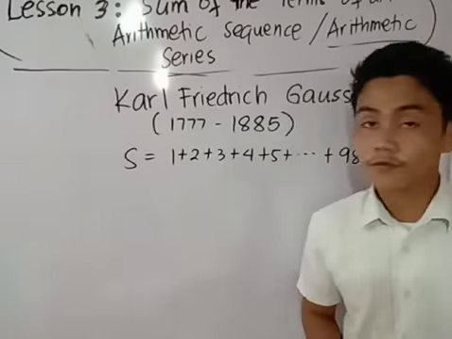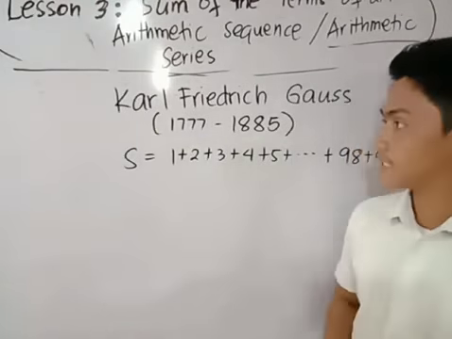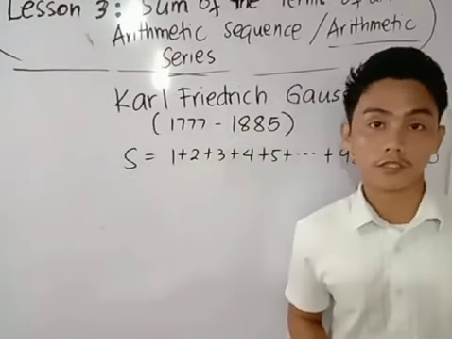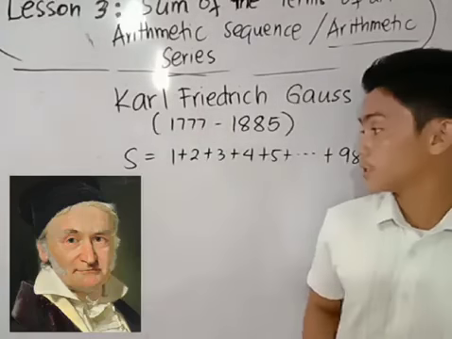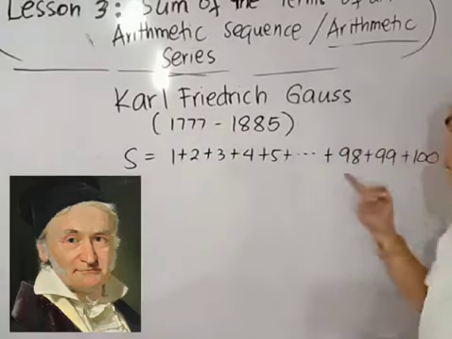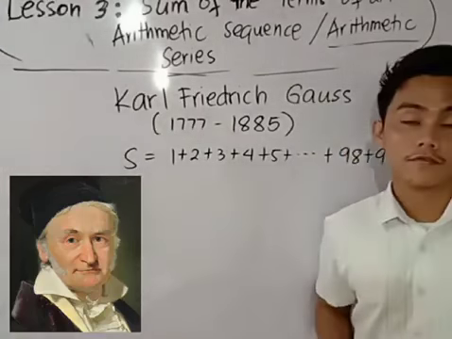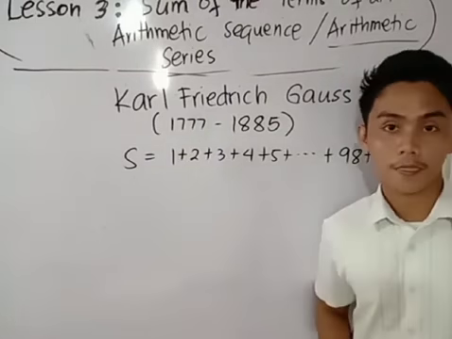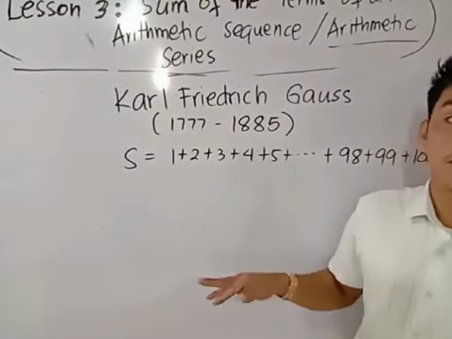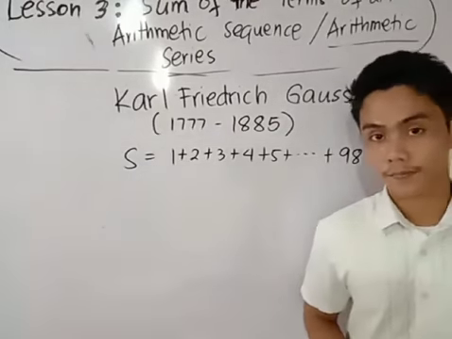Okay? Before we continue to the example number 3, let me share to you first a short story about Carl Friedrich Gauss, the person who was able to get the sum of the first 100 counting numbers in just seconds when he was around 6 or 7 years old.